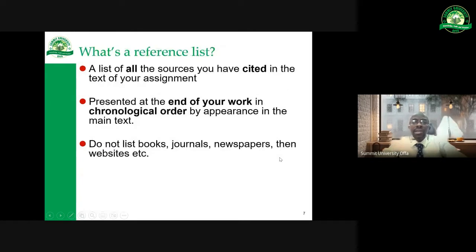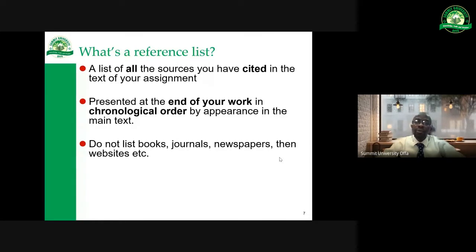What is a reference list? A reference list is just a list of all the sources you have cited in the text of your assignment. It may be in your paper or in your thesis and so on. That's what we normally have on the reference list, presented at the end of your work in chronological order by appearance in the main text.